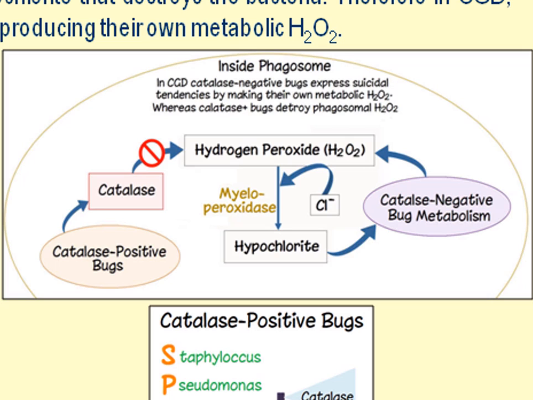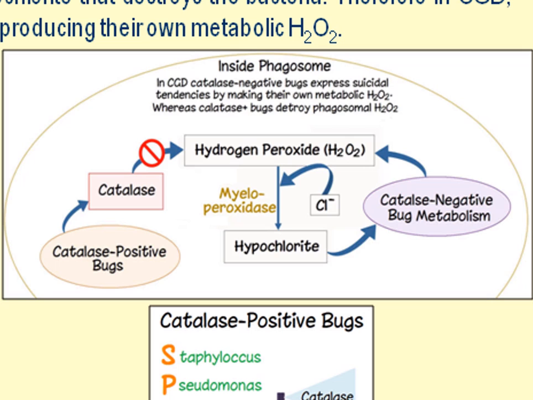Therefore, in CGD, catalase negative bugs express suicidal tendencies by producing their own metabolic H2O2. I want you to know that this phenomenon that I'm explaining here applies to the most common cause of CGD, which is NADPH oxidase deficiency, and happens in the patients that have functional genes for myeloperoxidase and superoxide dismutase.